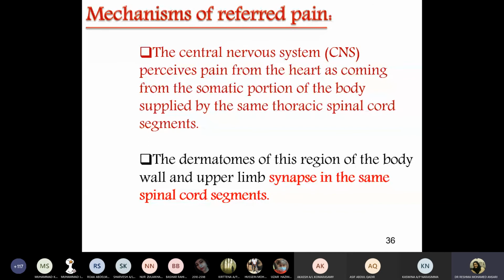So the patient will say, oh, I have pain in my arm and my shoulder on the left side. As medical students, we should know that pain from the arm and shoulder means the same nerve, and the sympathetic also travels to the heart. So maybe this patient is having chest pain originating from the heart.